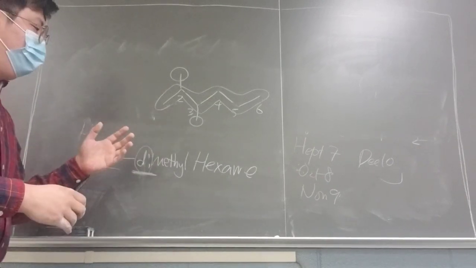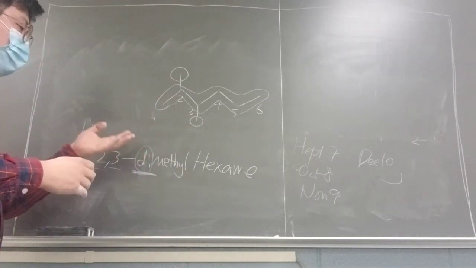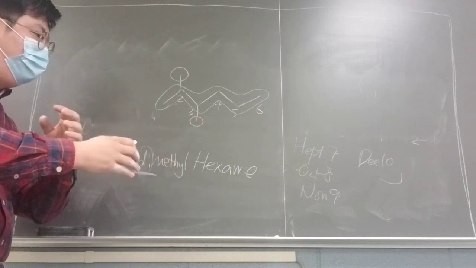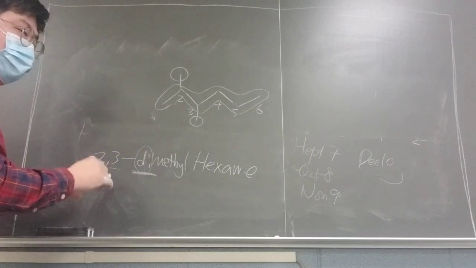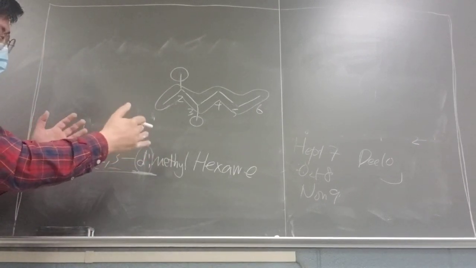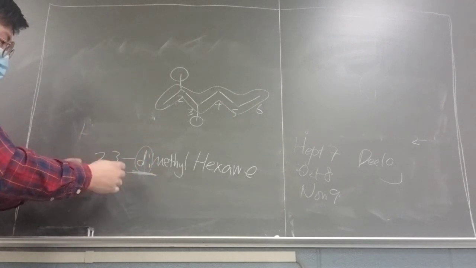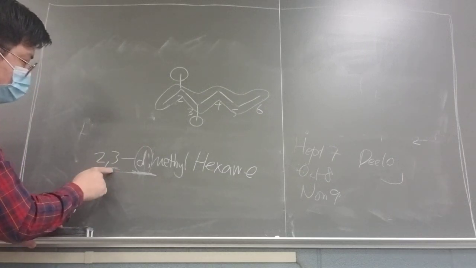You don't have to do this when it's 1, which is mono. You only need to do di, tri, tetra, penta, and so on, depending on how many additional groups are attached to the base. Just make sure you also put the numbers of the locants.